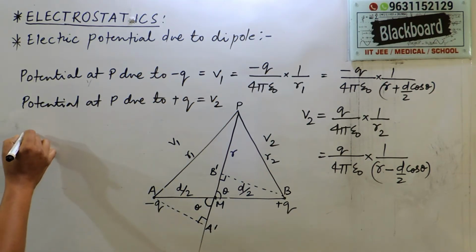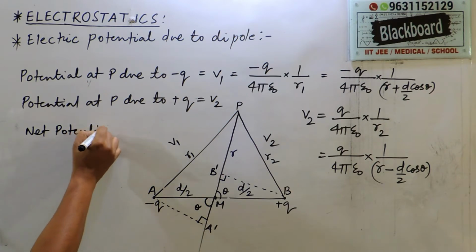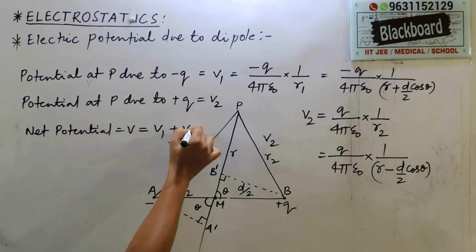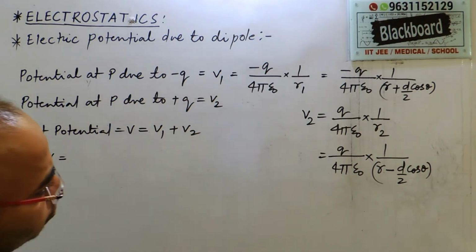And net potential is V and V is equal to V1 plus V2. V2 plus V1 or V1 plus V2 you can write.